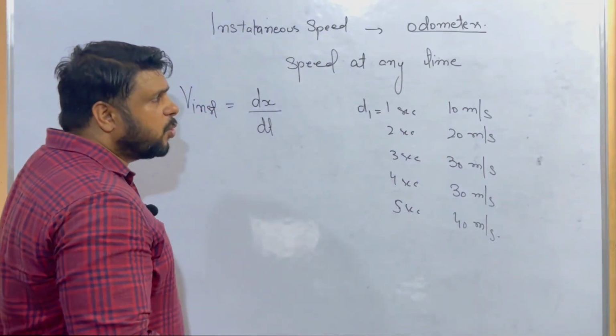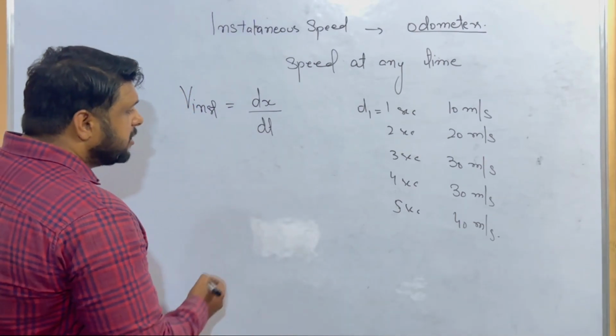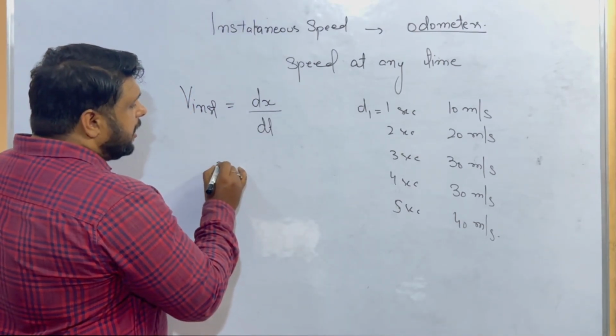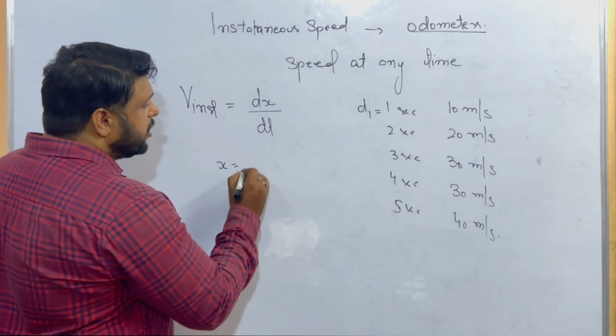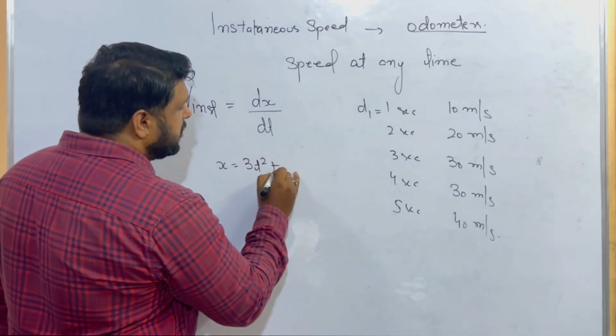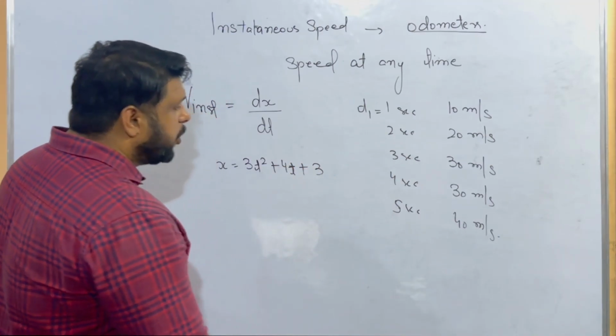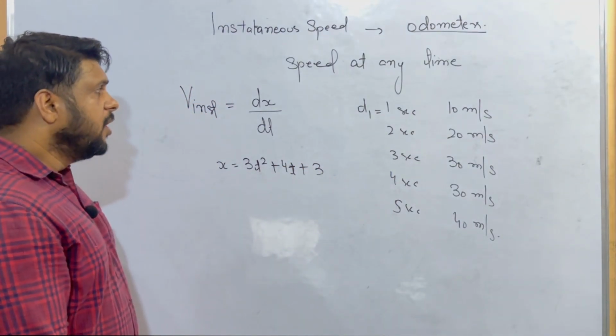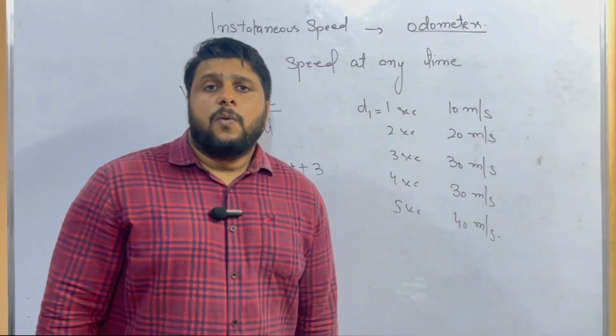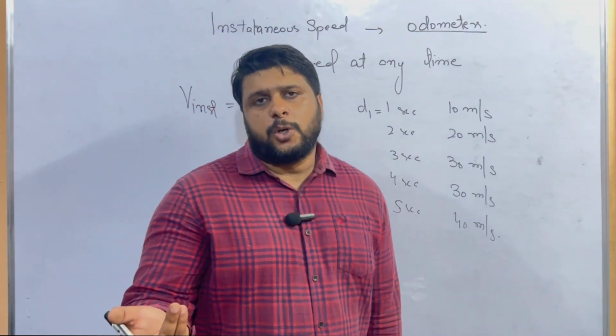And in exams the questions are going to come like this. Sometimes they give you an equation for x, like 3t square plus 4t plus 3, and they ask you to find the instantaneous velocity at t is equal to 3 seconds.